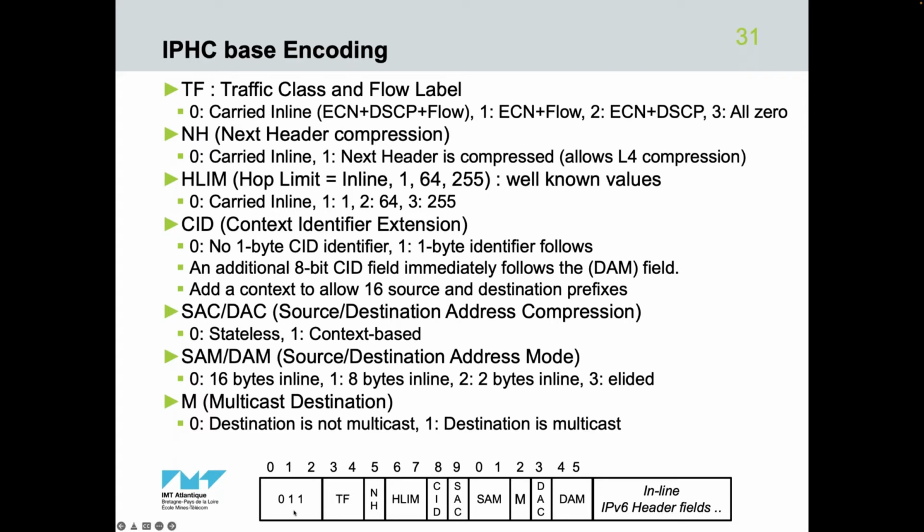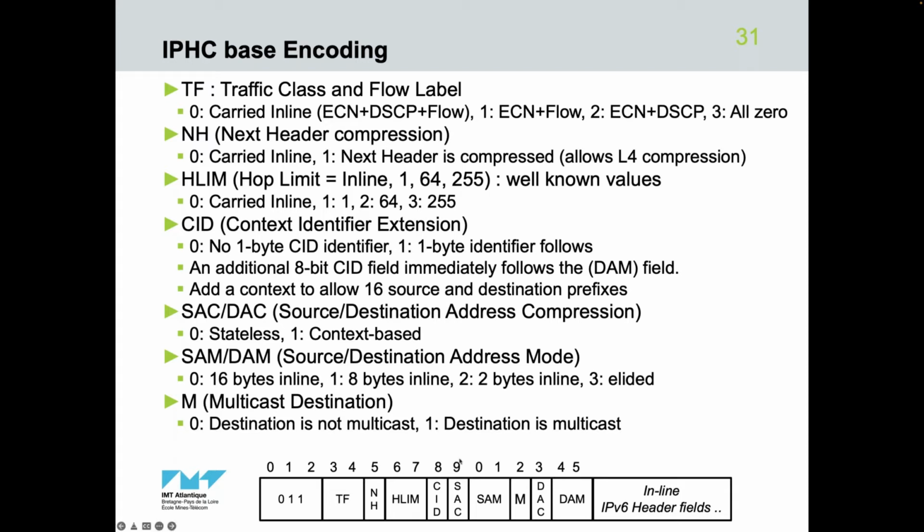As you can see, first we have 3 bits which are the dispatch value, and the value indicates the nature of the 6LoWPAN frame, and in this case it is 011, which represents that we have a compressed IPv6 datagram. In the following fields we are going to see step by step all the fields, to understand how the compression process takes place.